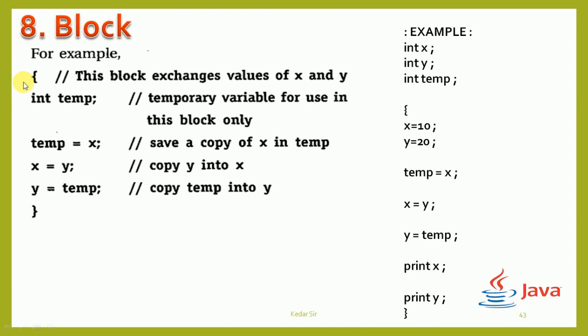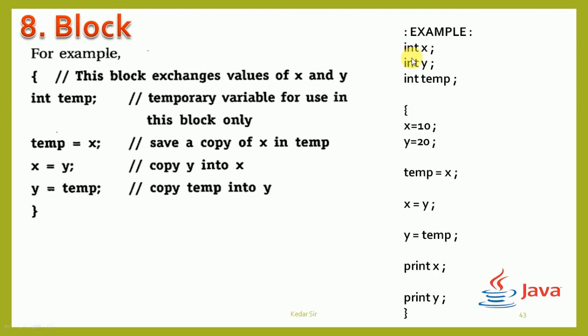This is one example, right? In your main program, if you want to swap values, then you can use this simple block of statements. First you start the curly bracket, and before that you define the variables. Here one example is given. It is very easy to swap values.